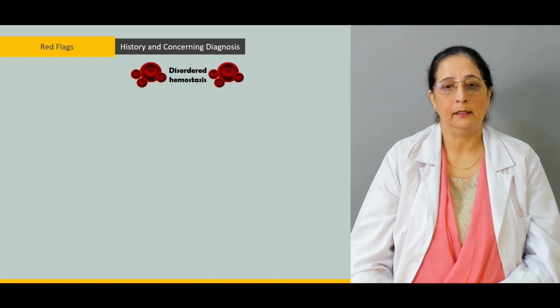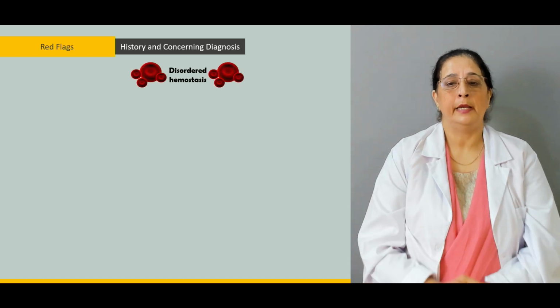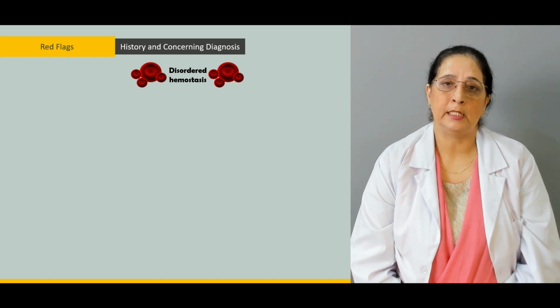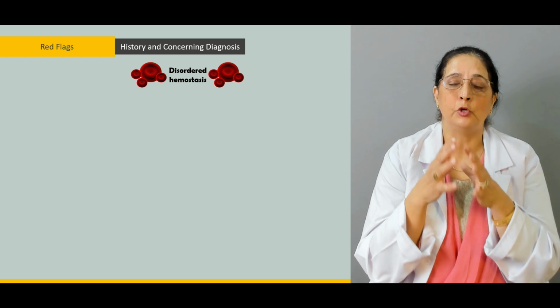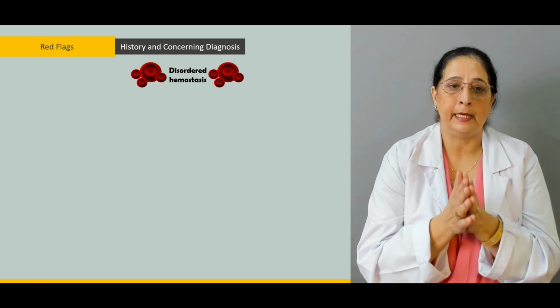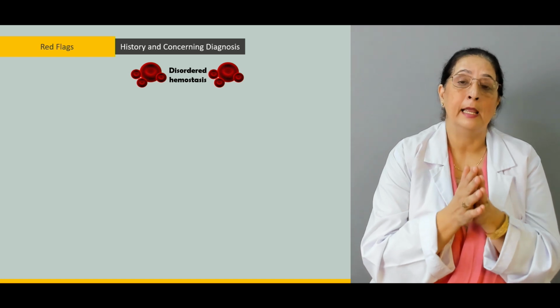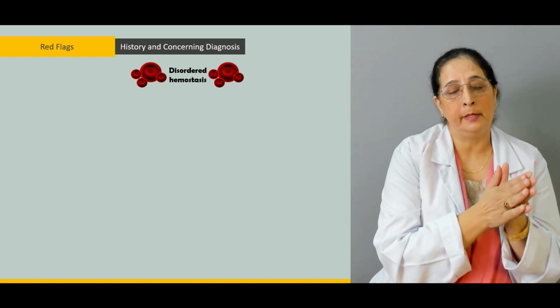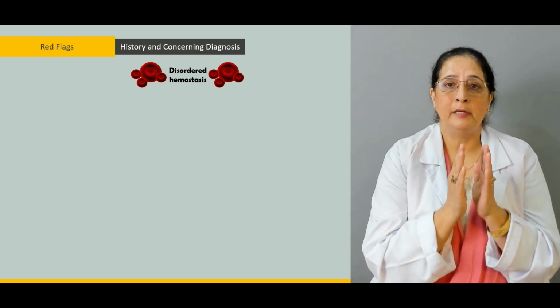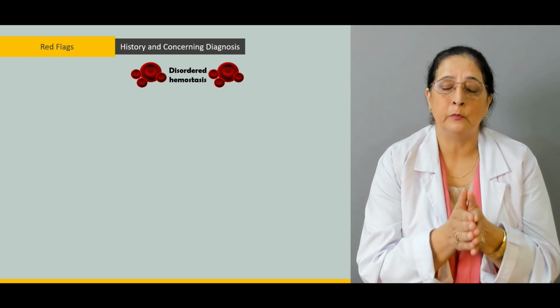Next, another is disordered hemostasis. If the hemostasis, or the ability to control blood loss, is disordered, again that's a red flag. We talked in detail about primary hemostasis and secondary hemostasis.